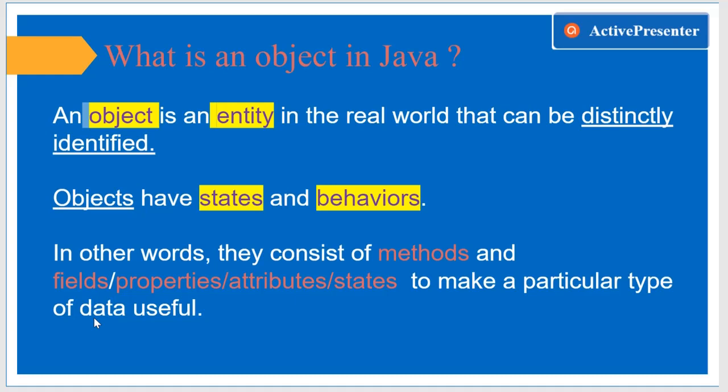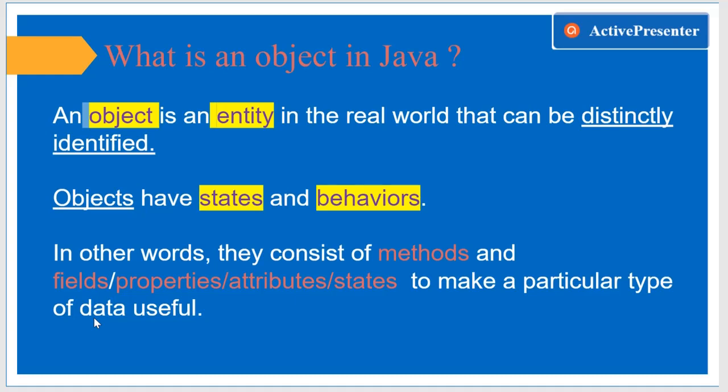Now let's understand through programming languages. Objects have states and behaviors. Like in the real world, we are all human. I have one nose, you have one nose. I have two eyes, you have two eyes.